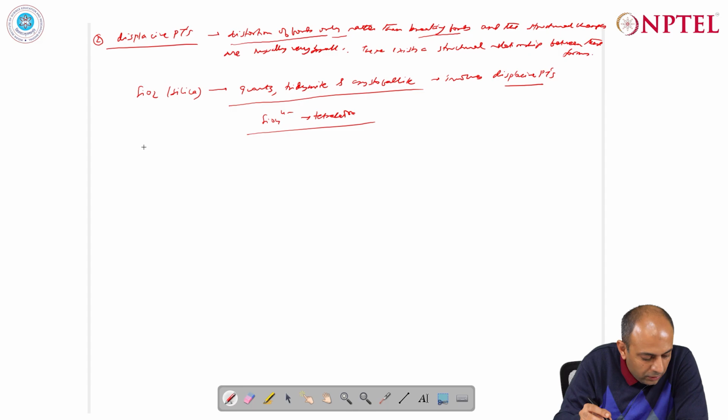Let us look at one particular figure which illustrates the displacive phase transitions.